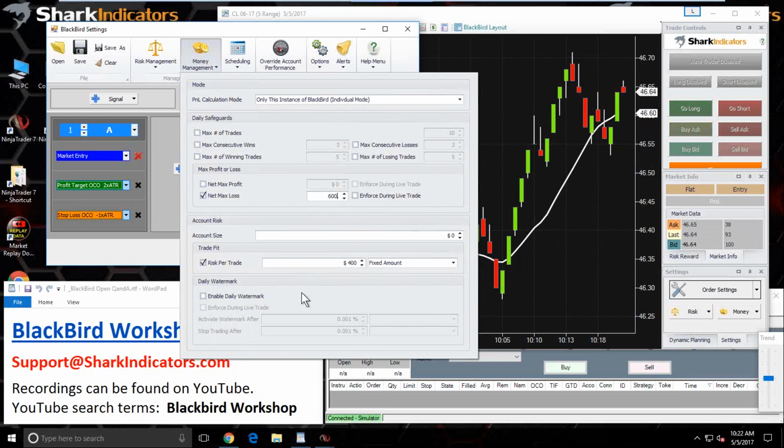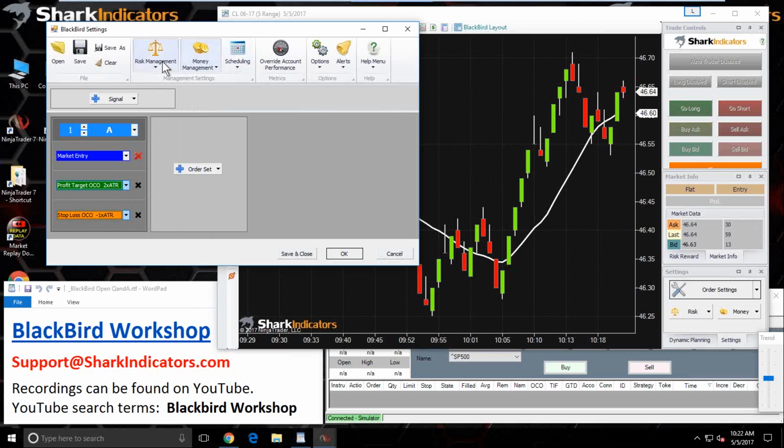Now, keep in mind, guys, as I've said many times, the management components here, the management buttons, do not apply to discretionary trading. These management options are for automated trading.